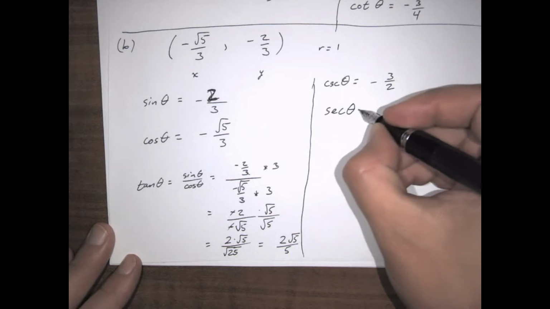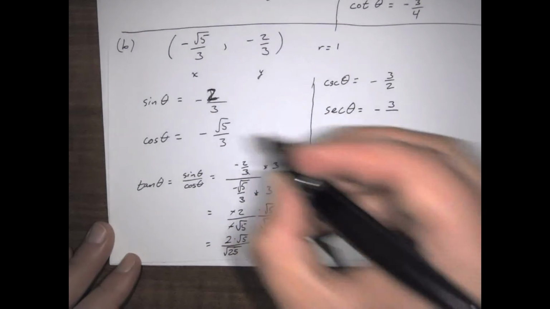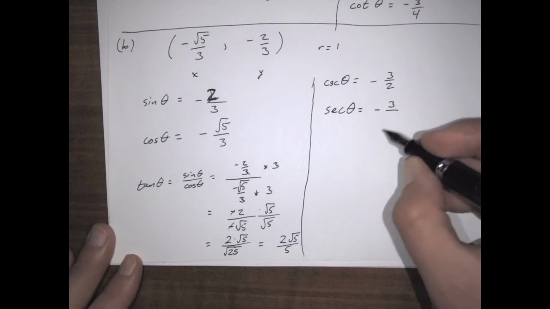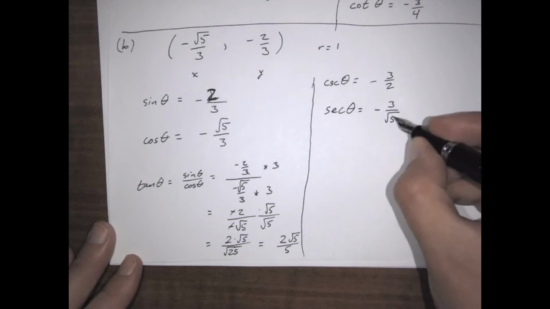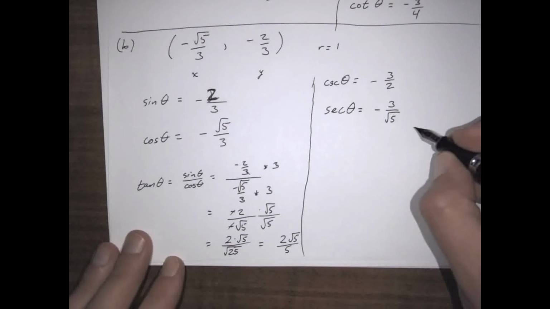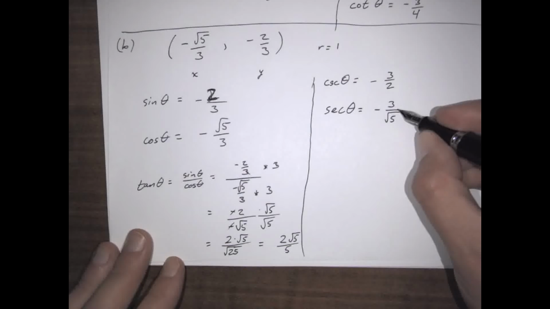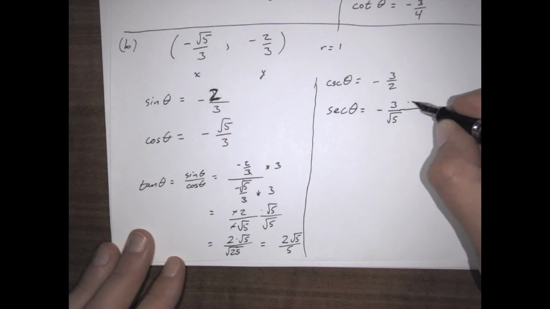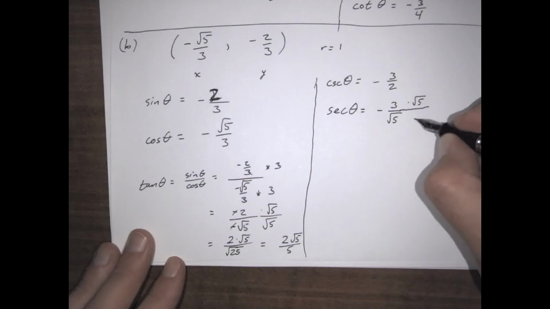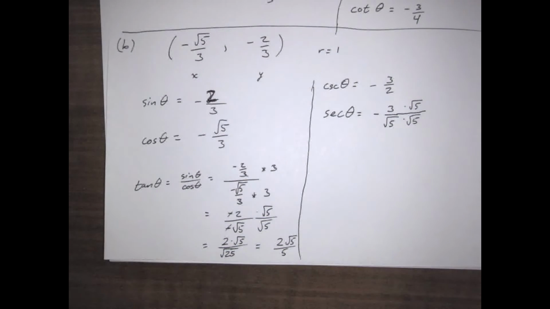Alright, now the secant. So again, we have a fraction that we're looking at for this cosine there, so we just flip it over. Now we flip it over, and we think we're done, but then we look at it again and we realize, oh, nope, not yet. So how do we get this up to code? We multiply the top and the bottom by that radical part of the denominator.